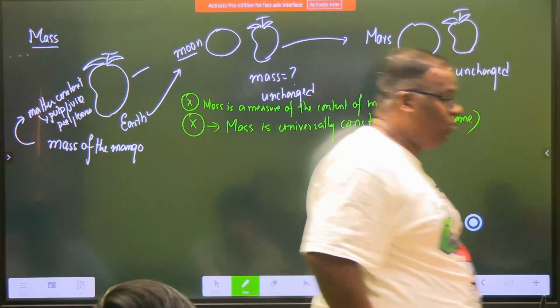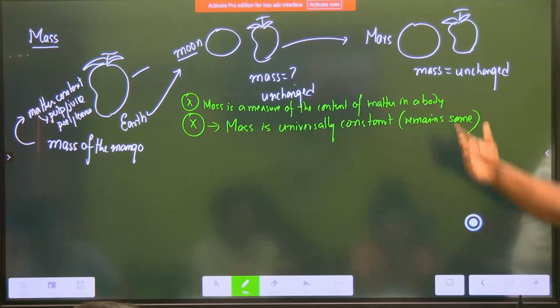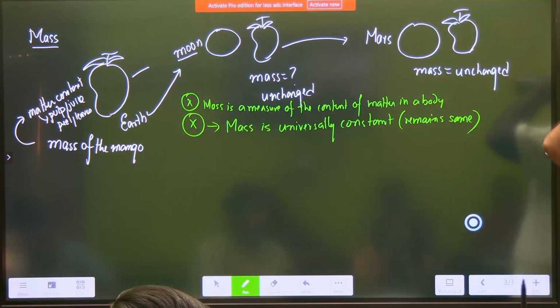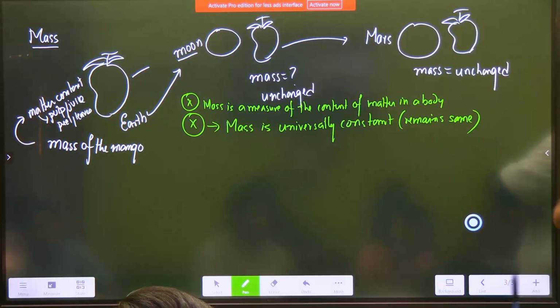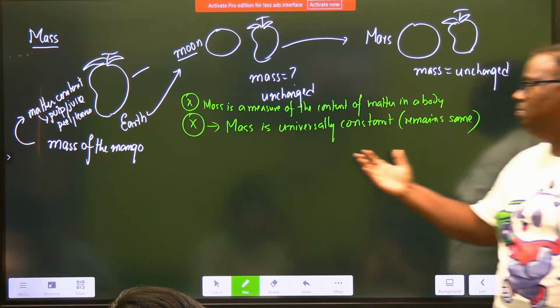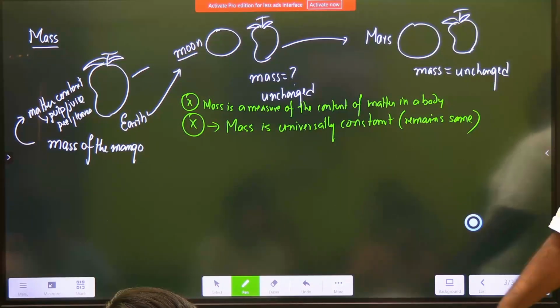In this mango, how much matter is there? That is a measure of mass. So first we defined what is mass, then we talked about a property of mass, that if you change location from one place to another, the mass does not change and it remains constant. ठीक है?